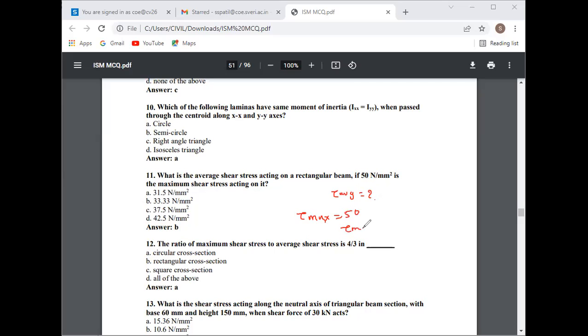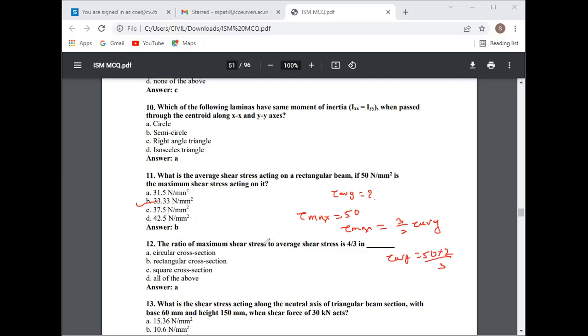What is the equation available with you? Tau max is 3 by 2 into tau average. So tau average is equal to 50 into 2 divided by 3. जसे small example तुम्हाला विचारले जाऊ शकतात ना तुमच्या युनिव्हर्सिटीला सुद्धा. So 50 into 2, that is 100 divided by 3, 33.33. So option B is correct.